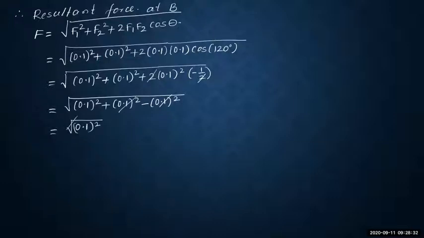Then square root and square cancelled. Then what is left? 0.1 Newton. Hence the resultant force acting on that charge is also 0.1 Newton. Right? So this is how we have to find the resultant force.